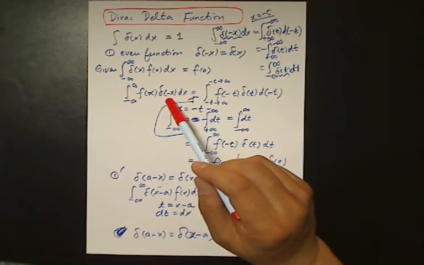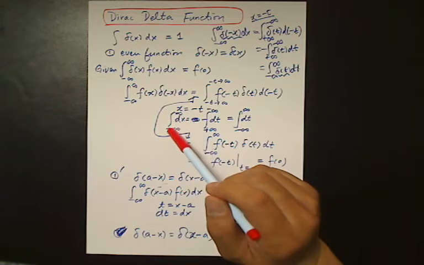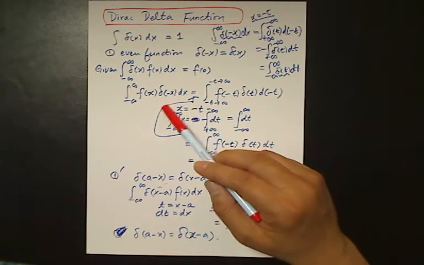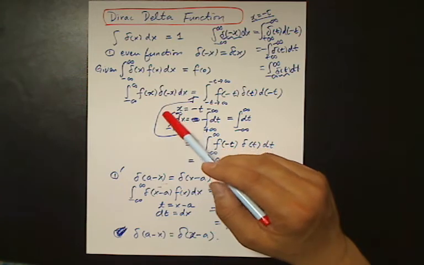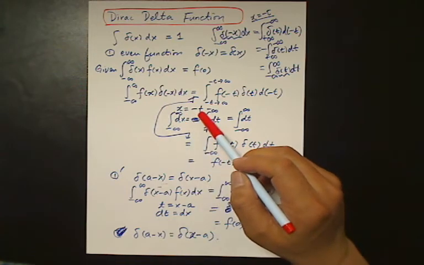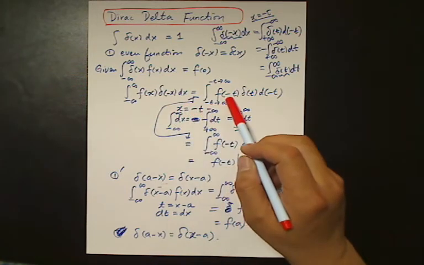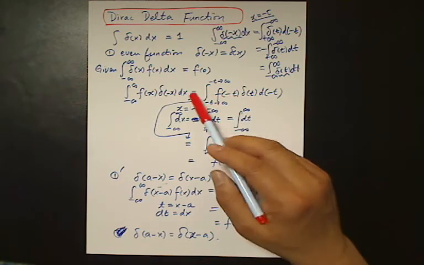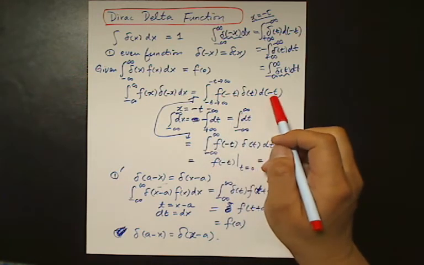What happens if I have minus x in the argument of delta? Then we just change the variable, minus x to be t. Then we can replace this x by minus t and this dx by minus dt.